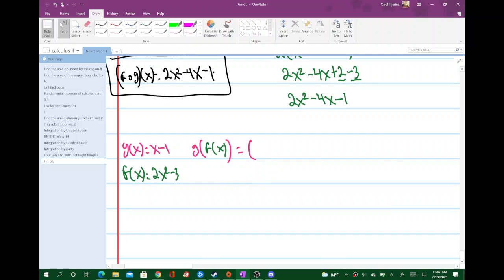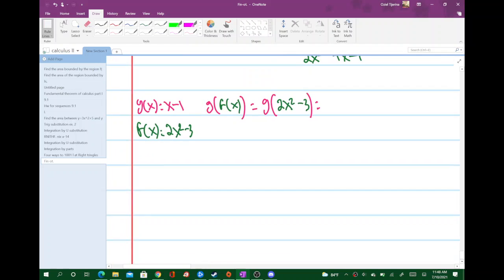So really, for g of f of x, you're going to plug in f of x for x in g of x. What that means is that you're going to say g of, and you're going to put 2x squared minus 3.